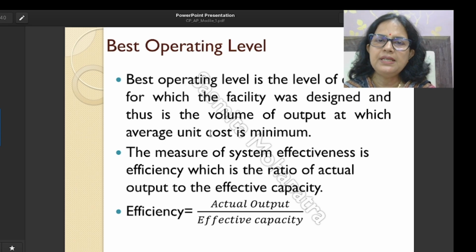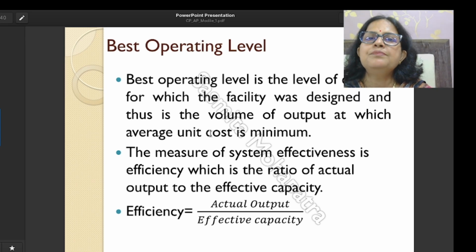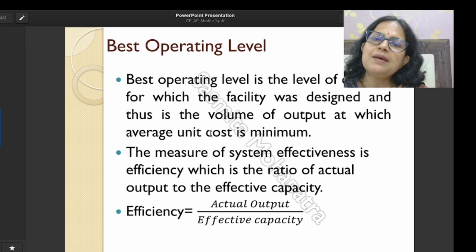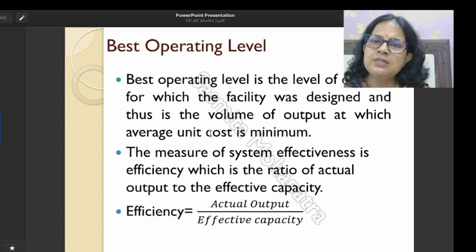The best operating level is the level of capacity for which the facility is designed. We can say the plant is designed for the best operating level, or the design capacity of the plant is the best operating level. Thus it is the volume of output at which average unit cost is minimum.